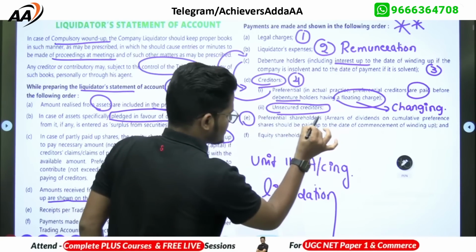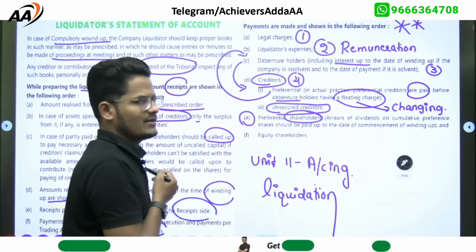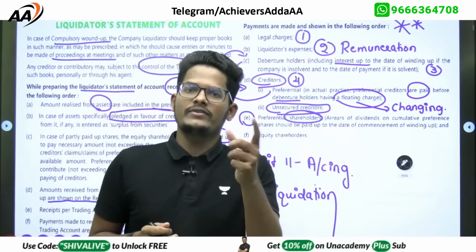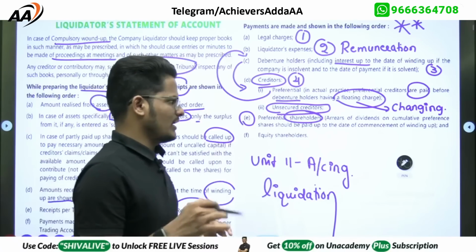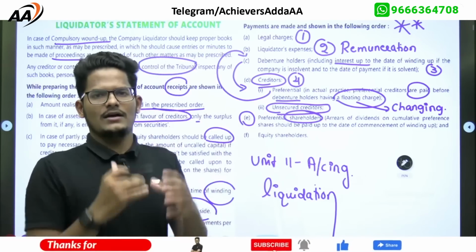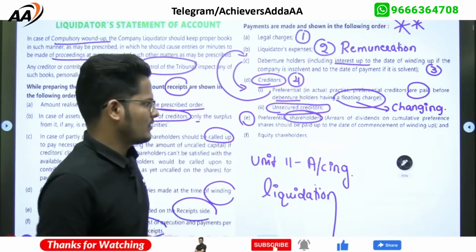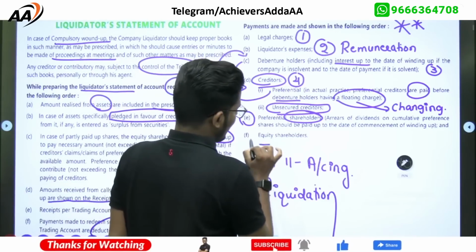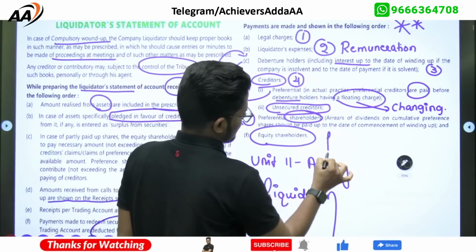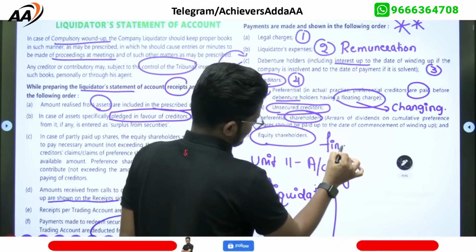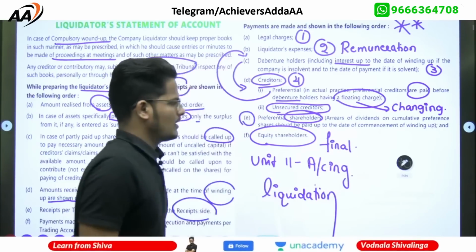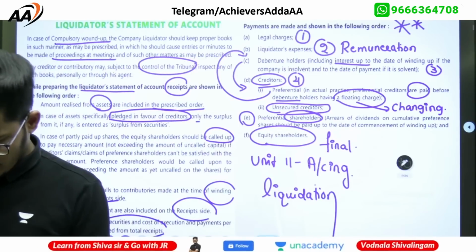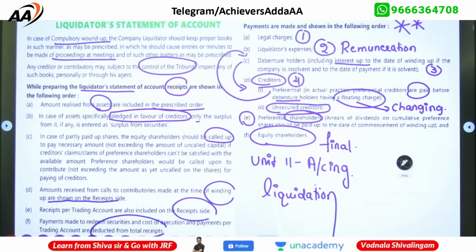Then the preference shareholders who are expecting a dividend, which may be cumulative or non-cumulative. Cumulative dividend means the dividend which has accrued or been generated till the winding up time. And the final payment is made to the equity shareholders. That's the order of payment in case of liquidation.